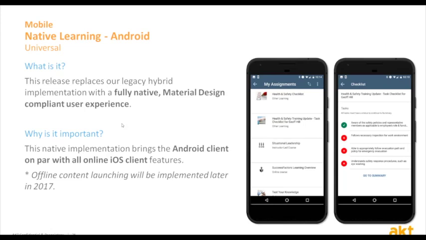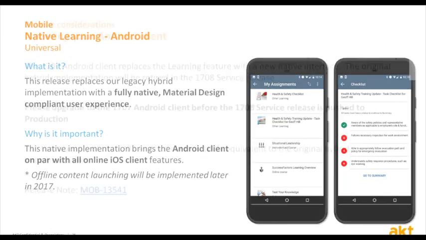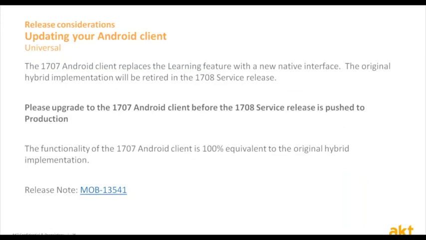It brings the Android client on par with the online iOS client features. SAP would like to encourage you to upgrade your Android client to the 1707 version prior to the 1708 service release due date.